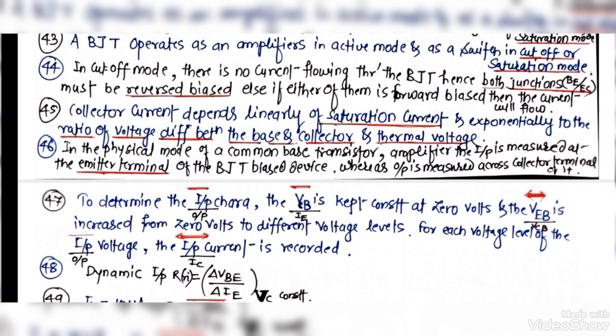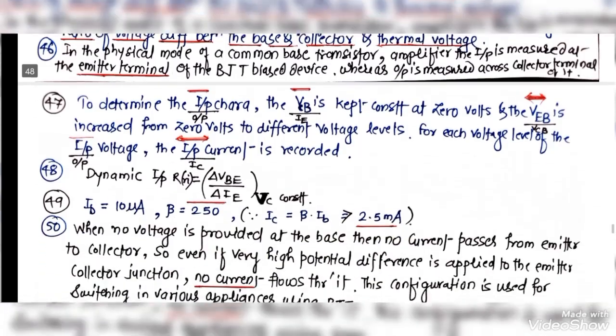To determine the input characteristics, the VCB is kept constant at 0 volts and VEB is increased from 0 volts to different voltage levels. For each voltage level of the input voltage, the input current is recorded.